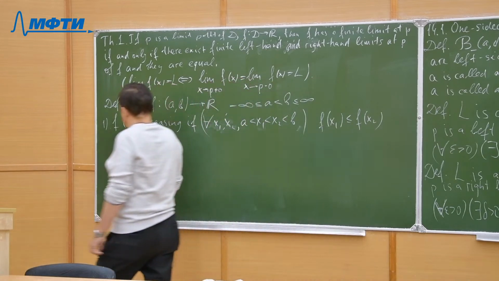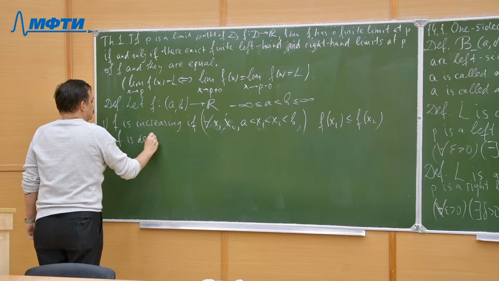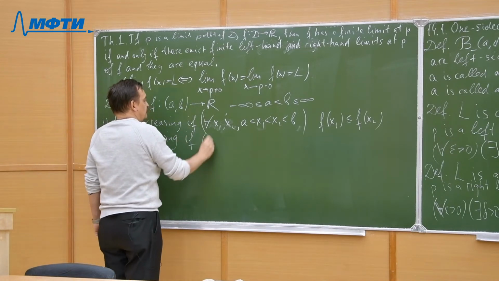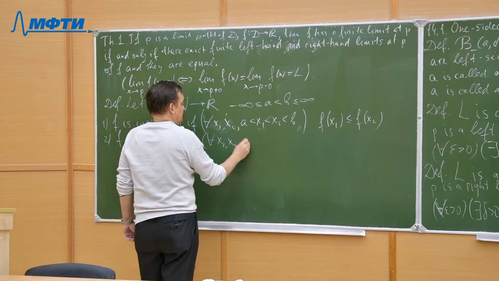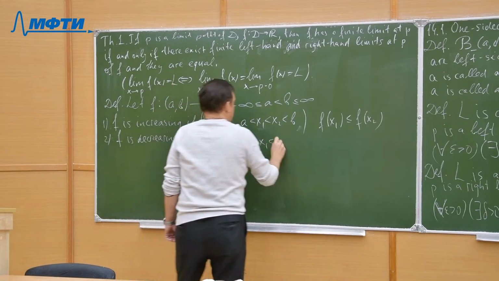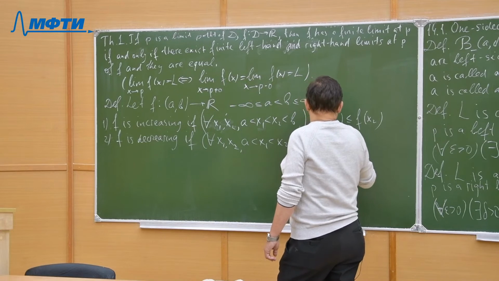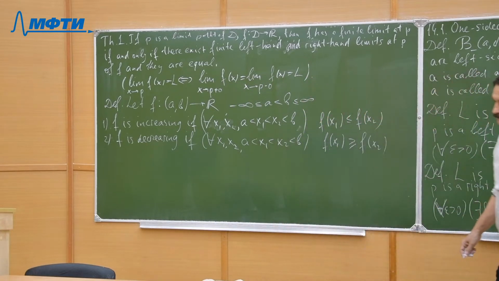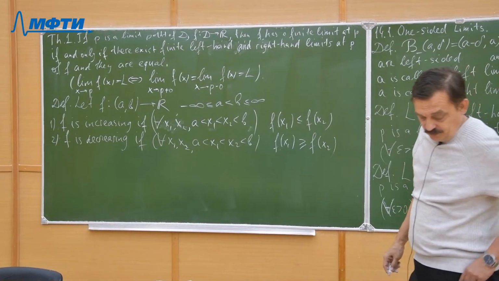And analogously, f is decreasing if for all x1, x2 which satisfy that inequality, we have the opposite inequality. Not precisely opposite, yeah? That is the definition of monotonicity.